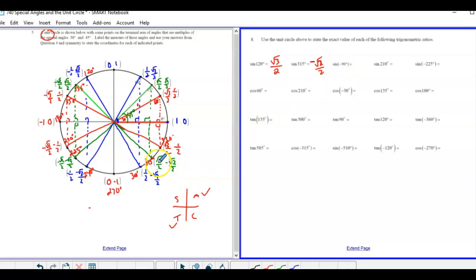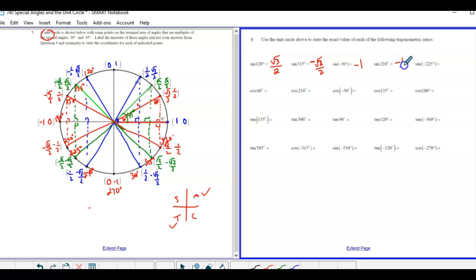Sine of negative 90: think of negative going down this way, so that's equivalent to 270 degrees. Sine is the y value, so it's negative 1. 210 is in the third quadrant, right there, and it has a y value of negative 1/2.